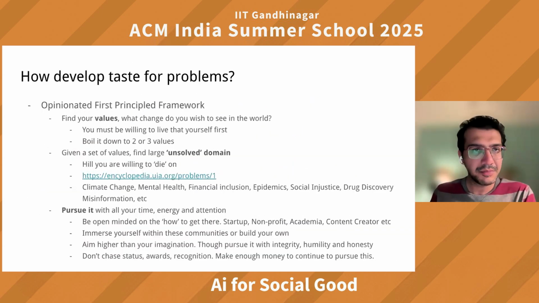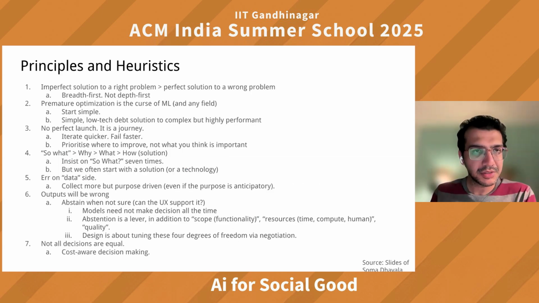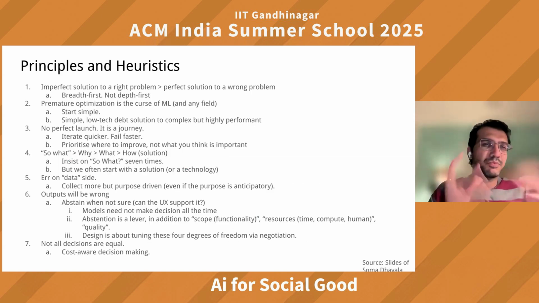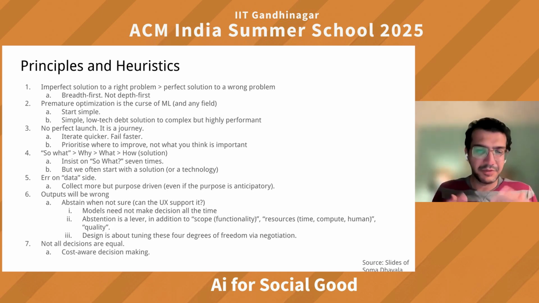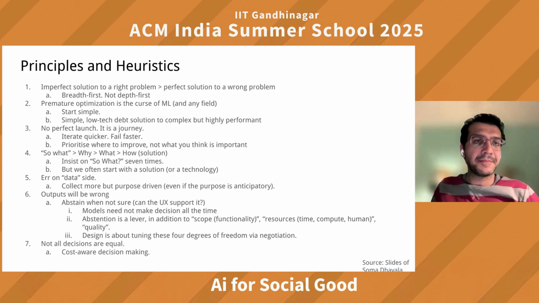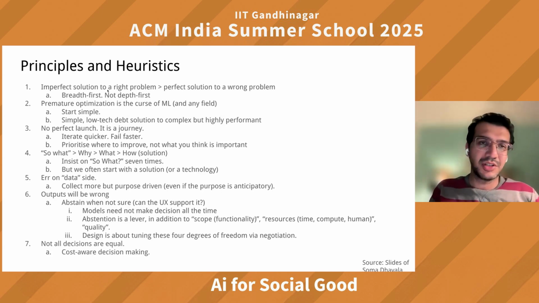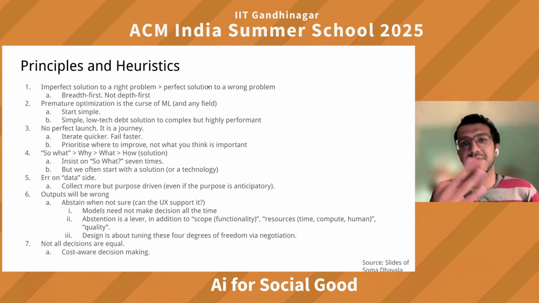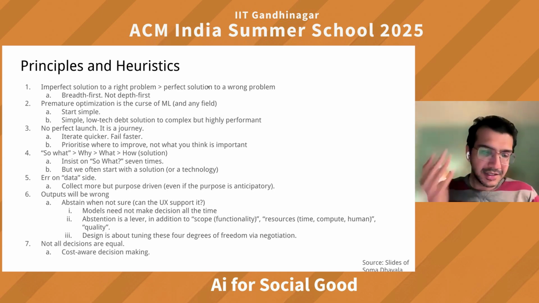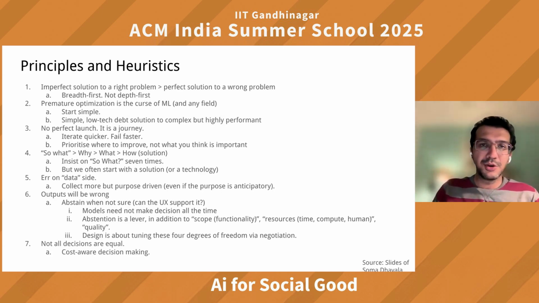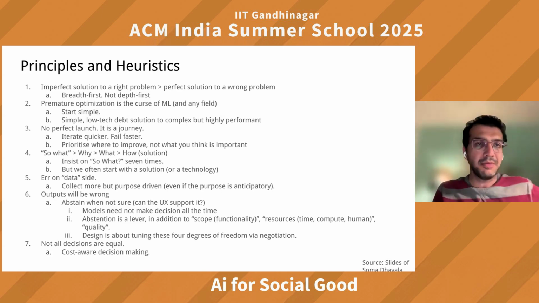Let me see if I want to talk about this. Yeah, I do. Okay, so these are some principles, not in a philosophical sense, but more concretely. In general, an imperfect solution to the right problem is much more important than a perfect solution to the wrong problem. For example, had we built a pest detection model on American data, which was really good, it's a perfect solution to the wrong problem, right?